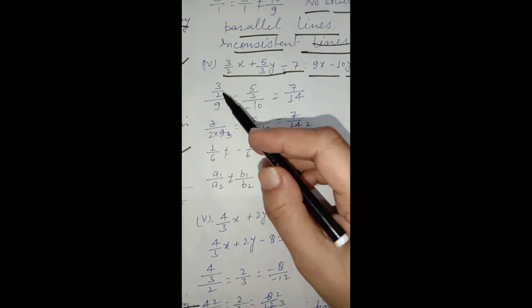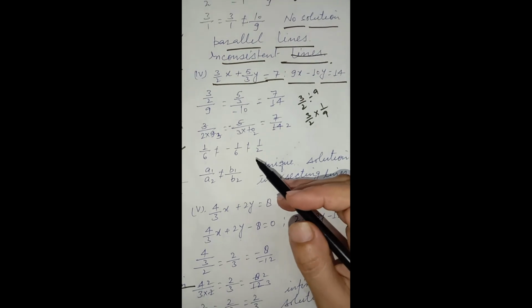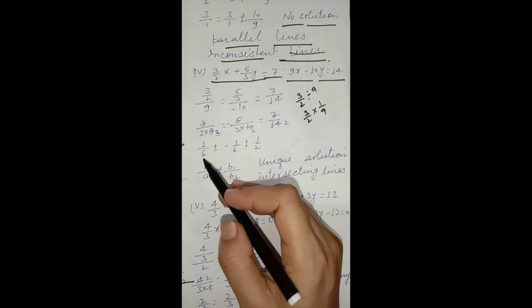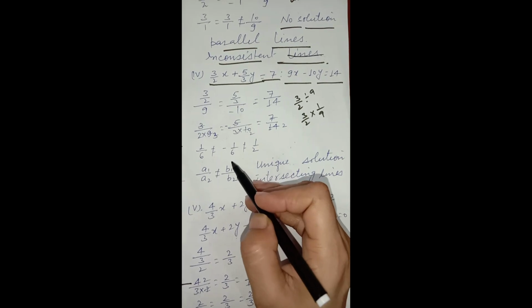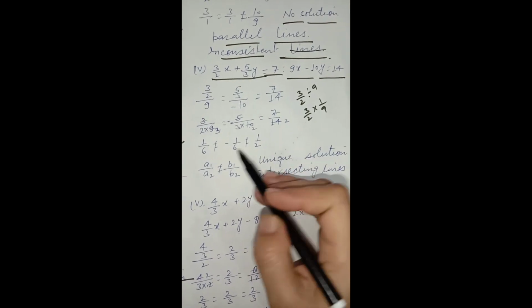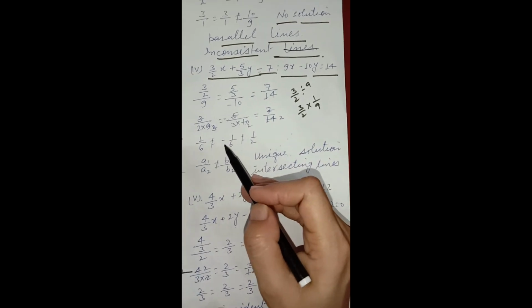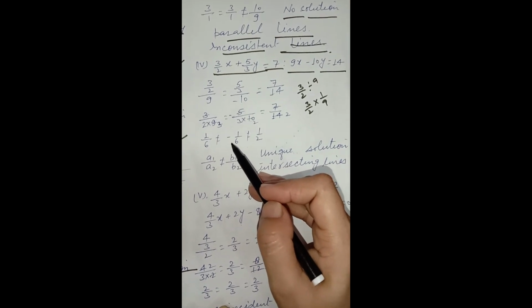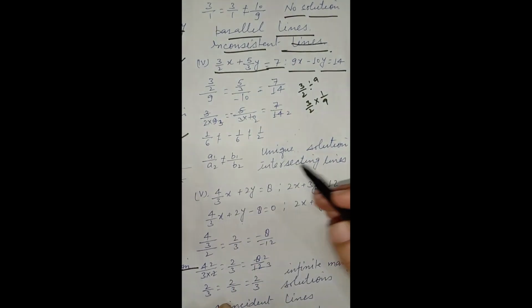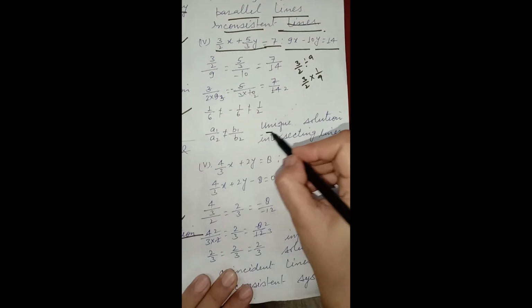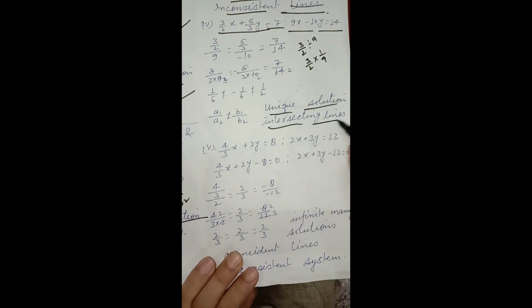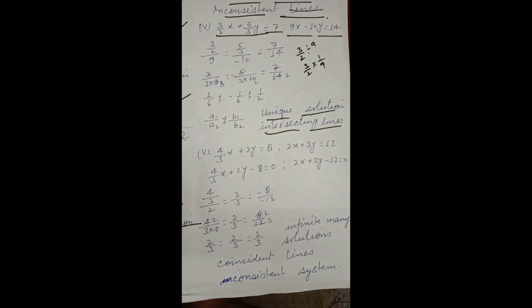So we'll solve it. 3 upon 2 divided by 9 is 3 upon 2 into 1 by 9. In that way we'll get 1 by 6, minus 1 by 6 and 1 by 2. Both are 1 by 6 and 1 by 6, but their sign is different. So they are not equal. So all these ratios are not equal. So in that case we will have unique solution and the lines will be intersecting lines. The system is consistent. Clear?